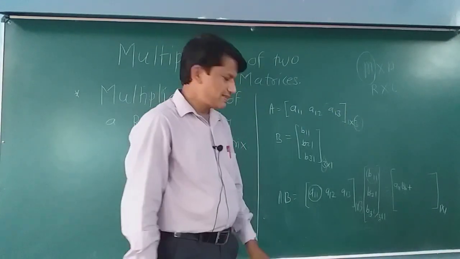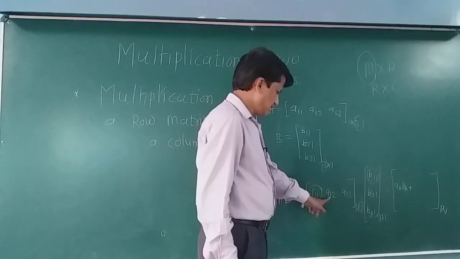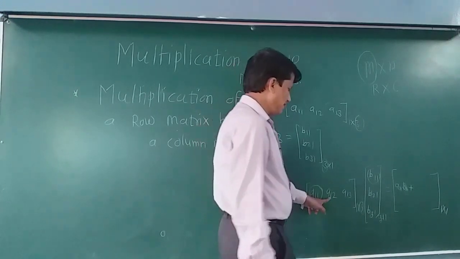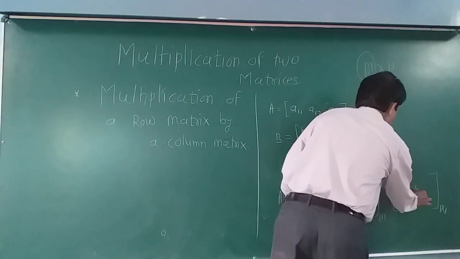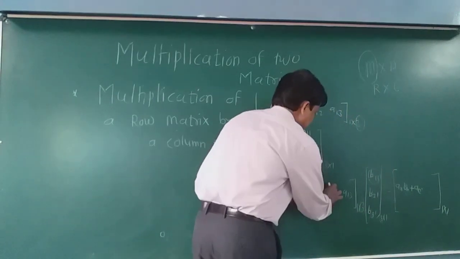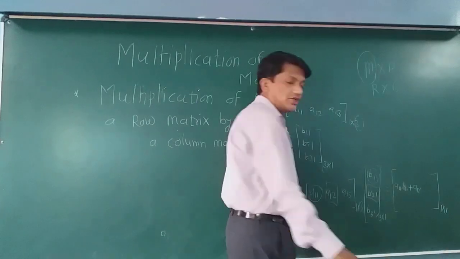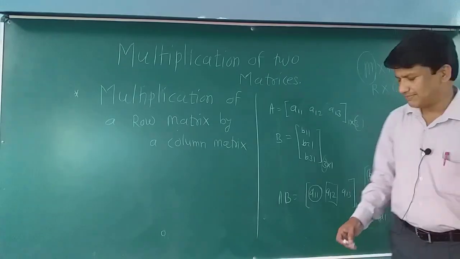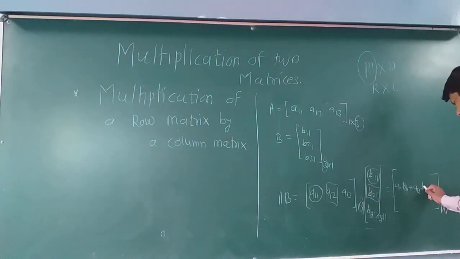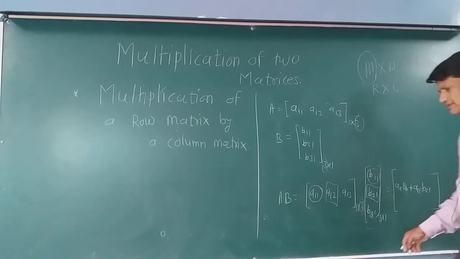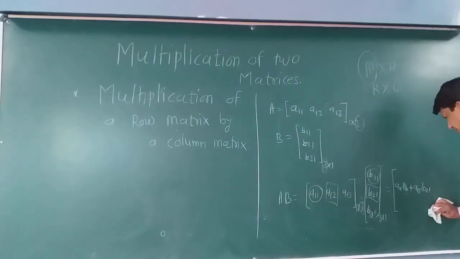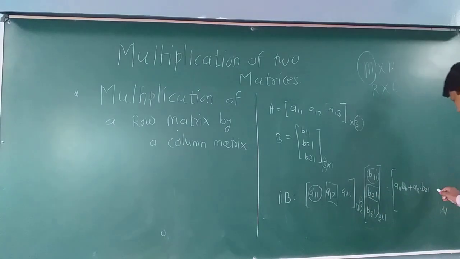A11 multiply by B11, plus the second one. What is the answer? A12 multiply by B21. And finally, the last result, third, plus A13 multiplied by the last, B31.